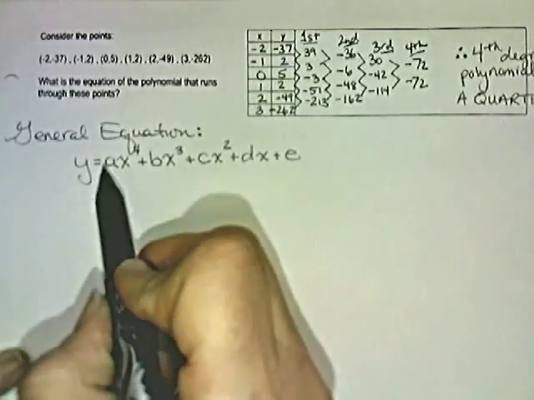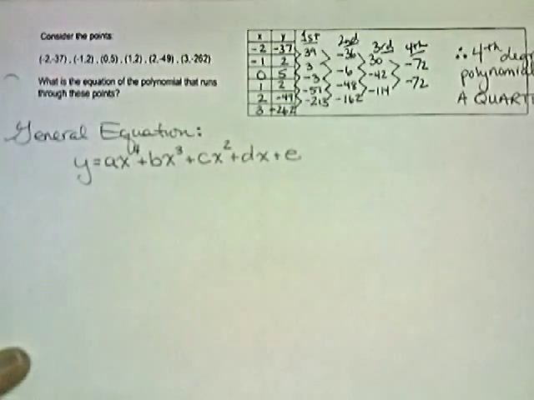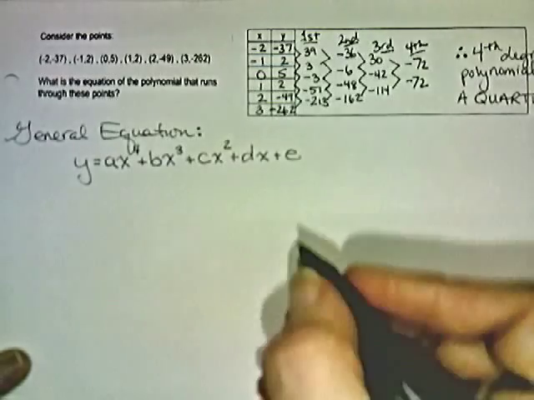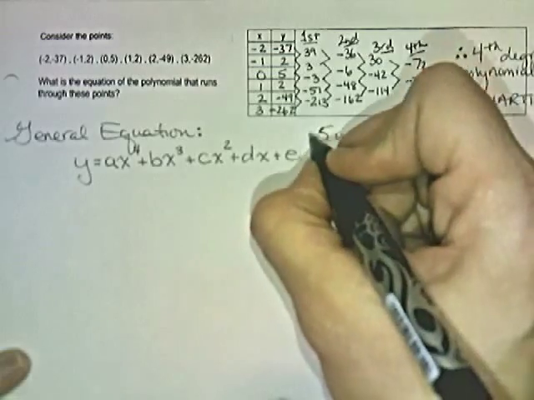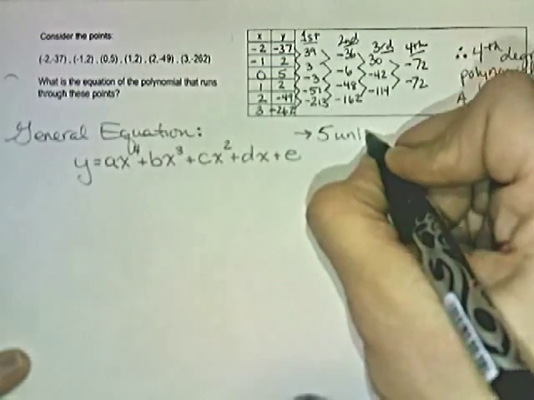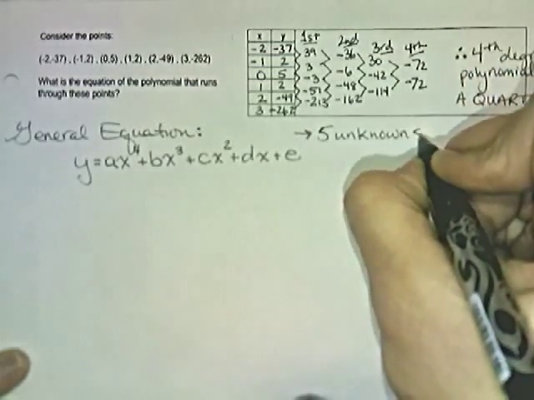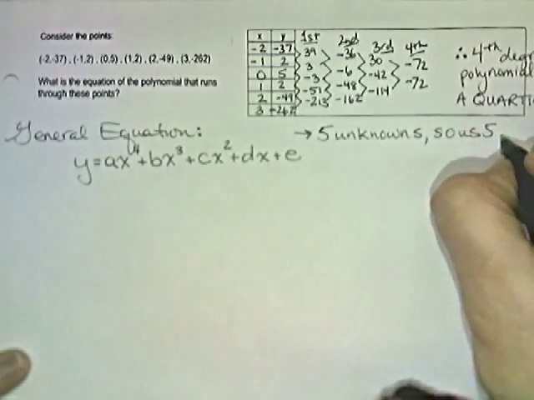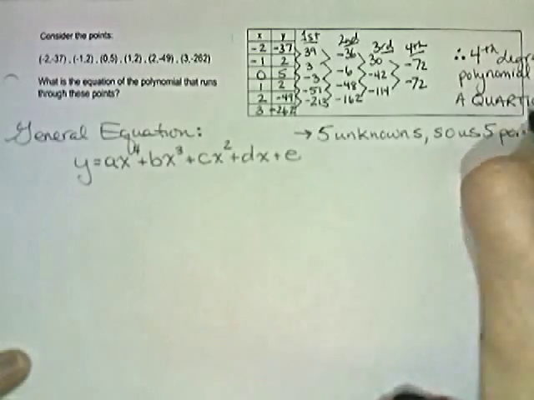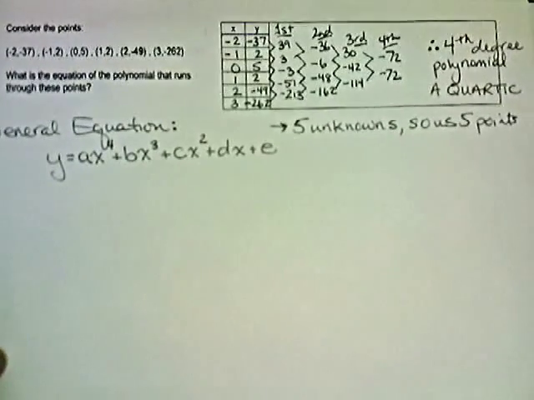Now notice that I have 1, 2, 3, 4, 5 unknowns, and I'm going to stress this. Since I have 5 unknowns, I am only going to use 5 points. I've been given 6. I don't need all 6.